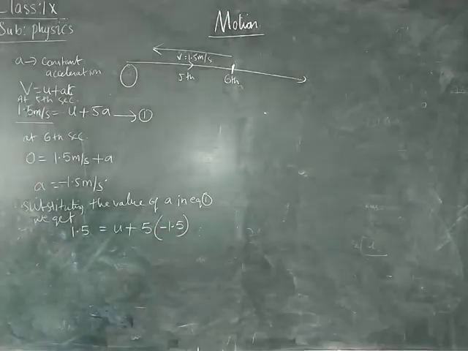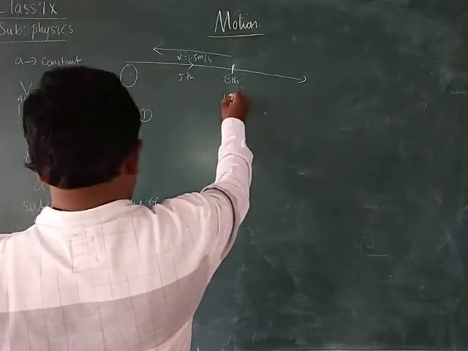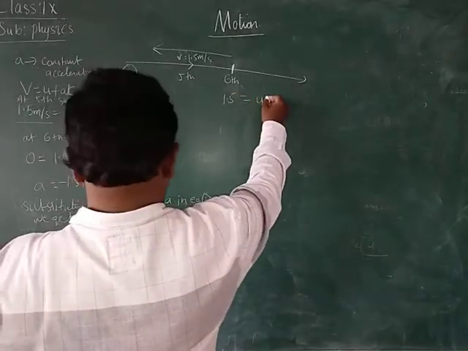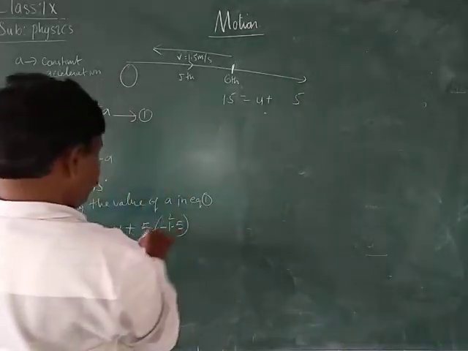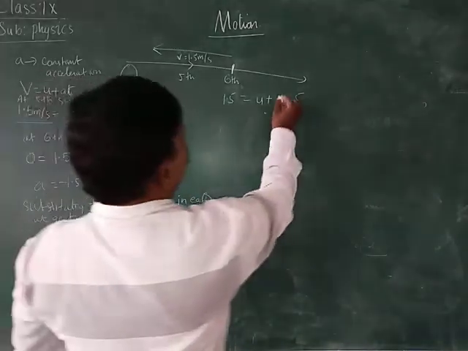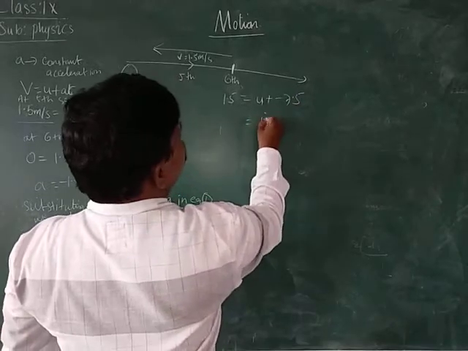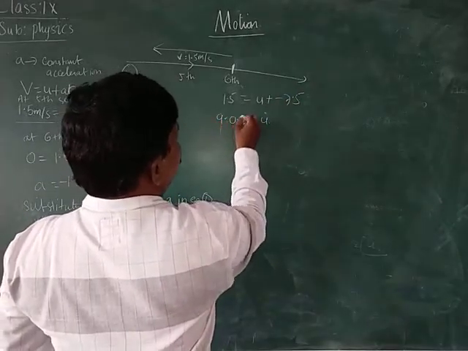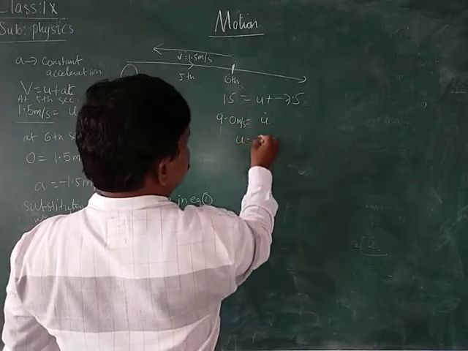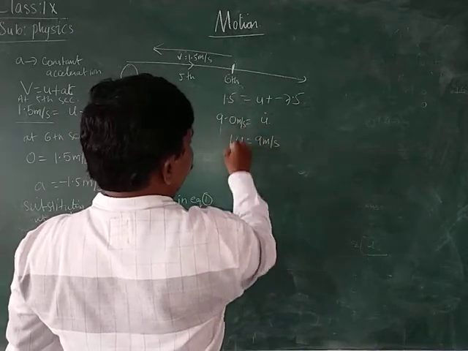That is 1.5 is equal to U plus 5 5s are 25, 5 1s are 5, that is minus 7.5. Therefore, transposing this side, U is equal to 9 meter per second.